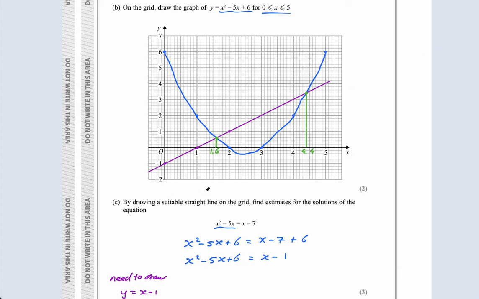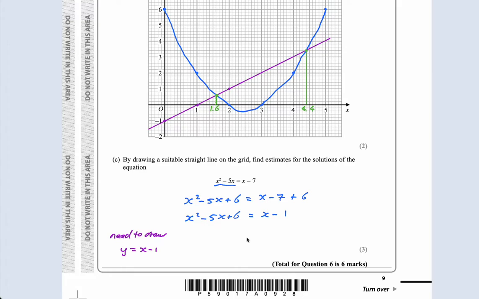So when it says find estimates for the solutions, estimates because my graph's not perfect, so it's not going to be perfect solutions, but my estimates are x equals 1.6 and x equals 4.4, and those I think are actually the answers in the mark scheme, so that means I drew my graph pretty well.